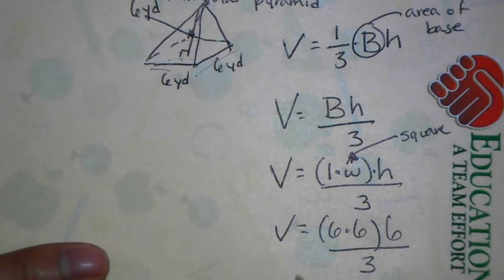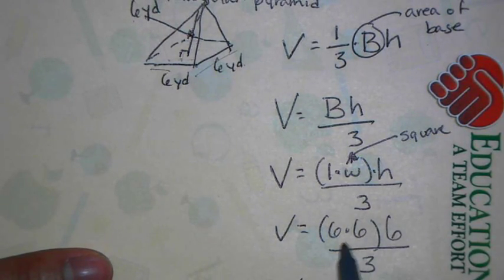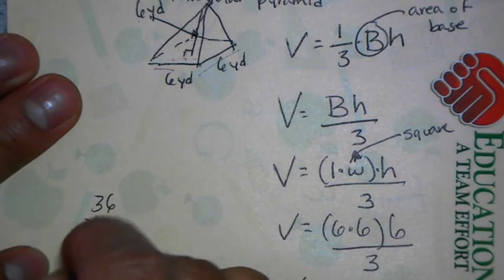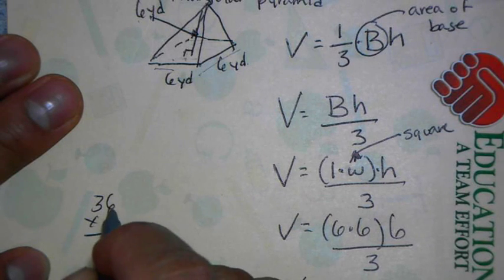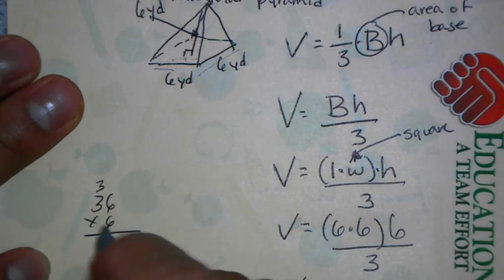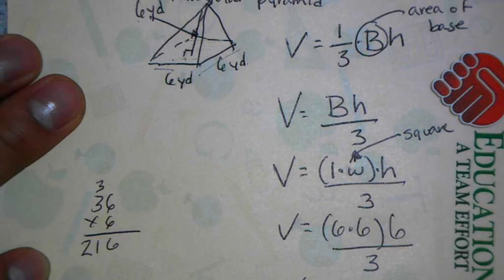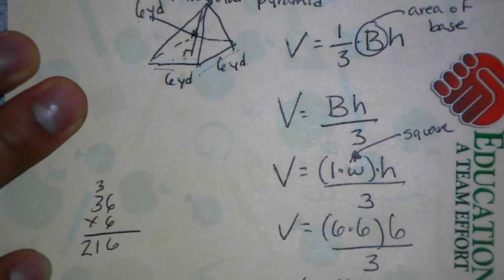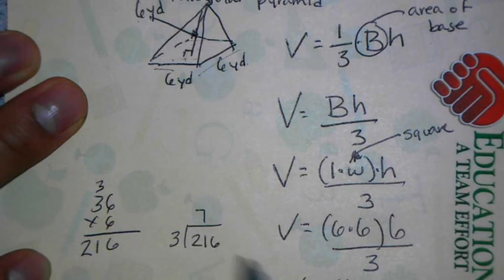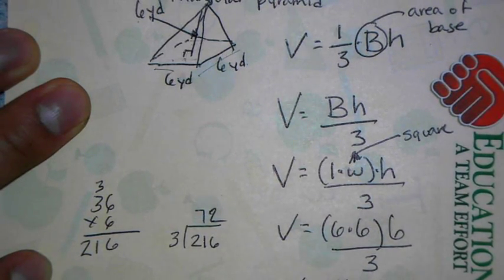Let me just simplify this answer. 6 times 6 is 36. 36 times 6, 216. 216 divided by 3, and then I just divide this answer. Goes in 7 times, and then goes in 72. So my answer is 72 yards cubed.